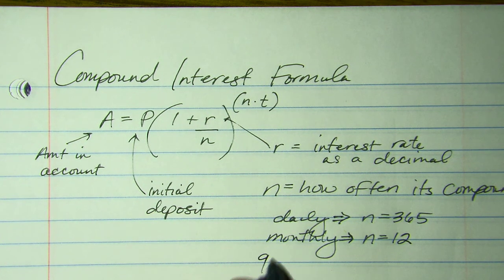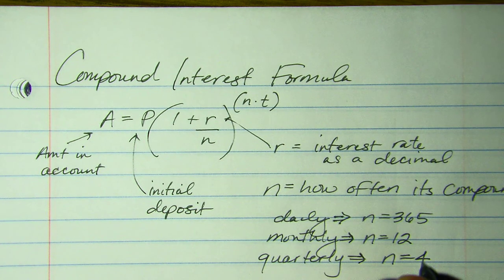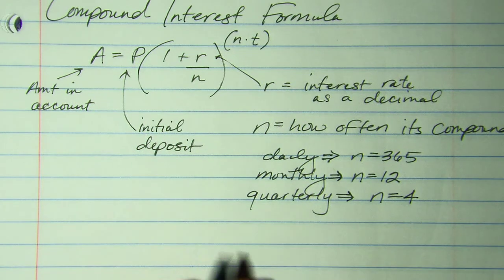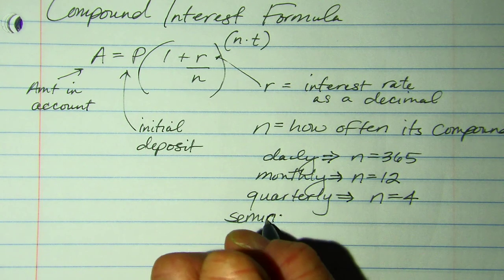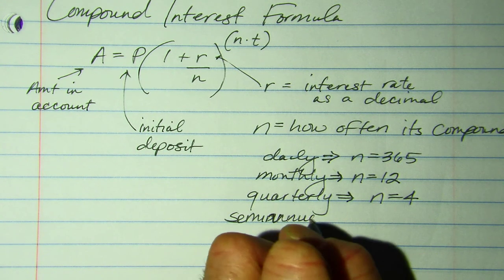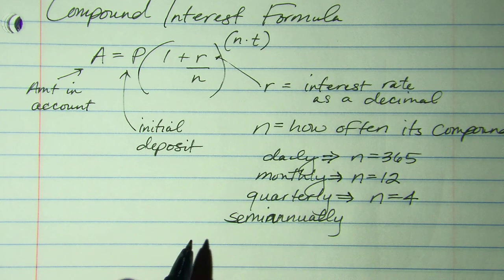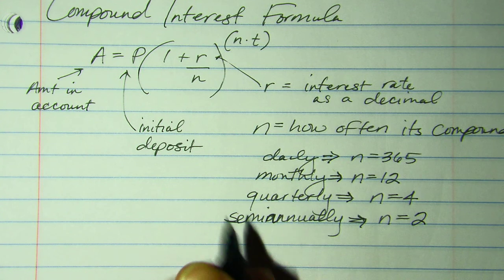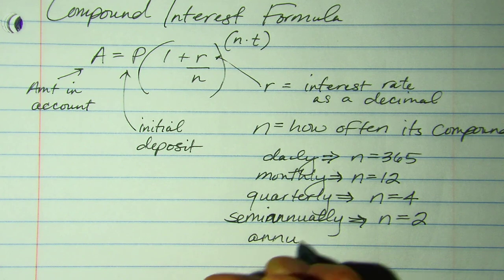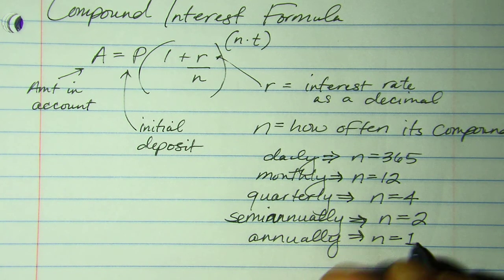If it says quarterly, there are 4 quarters in the year. If it says semi-annually, and hopefully you've heard that term, like when stores have a semi-annual sale, that means it happens twice. And then finally, annually or yearly, that would mean N equals 1.